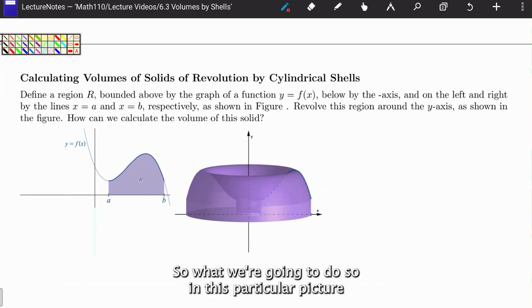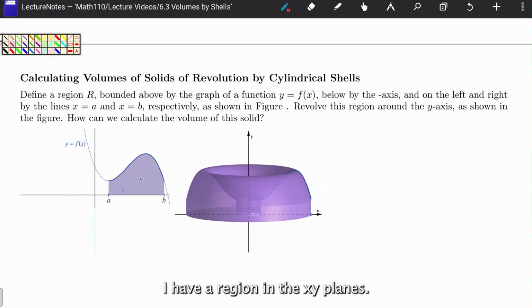In this particular picture, I have a region in the XY plane, and it is, in this case, rotated around the y-axis.